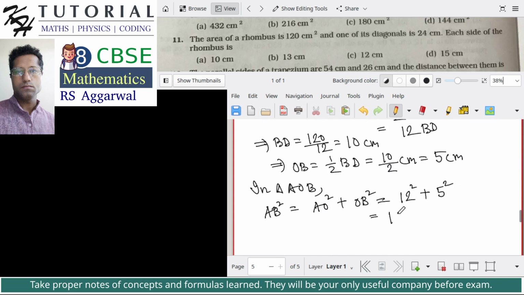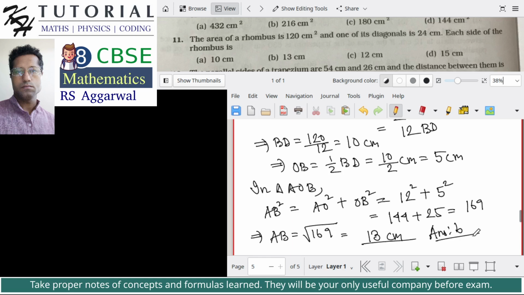So we have 144 plus 25, which is 169. So AB is equal to square root of 169, which is 13. So the length of each side of the rhombus is 13 centimeter, and hence the correct choice is B. Question number 11, B is the correct choice.